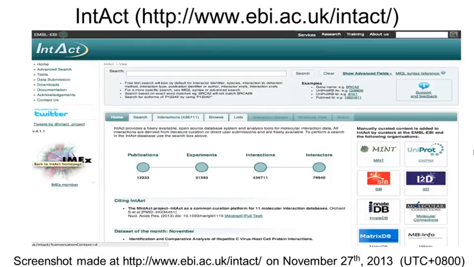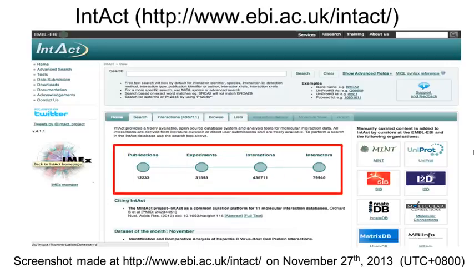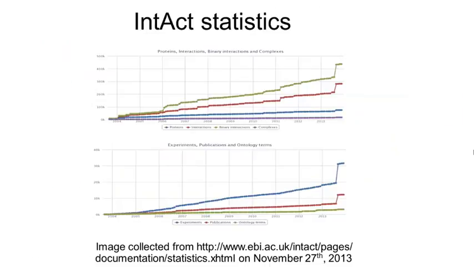A useful resource for molecular interaction is IntAct. It currently contains over 436,000 interactions involving 80,000 molecules based on data from 31,000 experiments published in 12,000 papers. As you can see from these two figures, the amount of data in IntAct had been increasing steadily over the years.